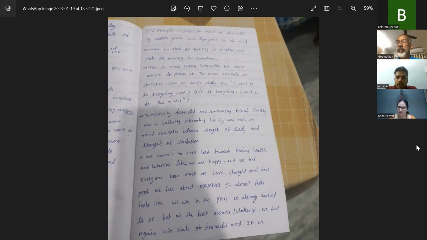See, we commit to work hard towards finding health and a balanced life. These are examples. We commit very hard to find health and a balanced life. We are happy. We tell everyone how much we have changed and how good we feel about ourselves. It almost feels like we are in the place we always wanted to be.